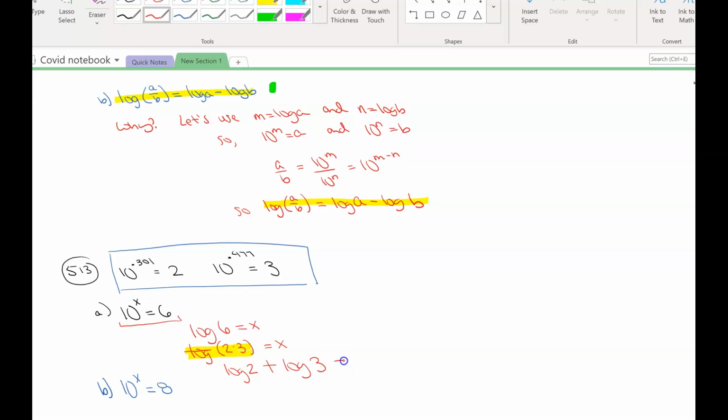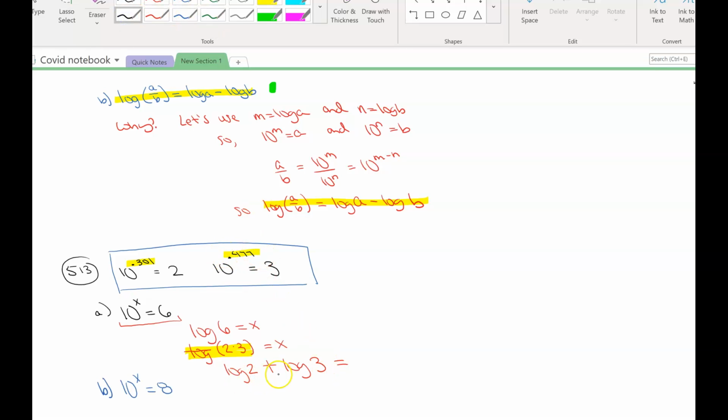Okay, everyone listen up. What is the power that 10 is raised to give you 2? What is the power that 10 is raised to give you 3? The power that 10 is raised to give you 2 is none other than 0.301. The power that 10 is raised to give you 3 is 0.477.